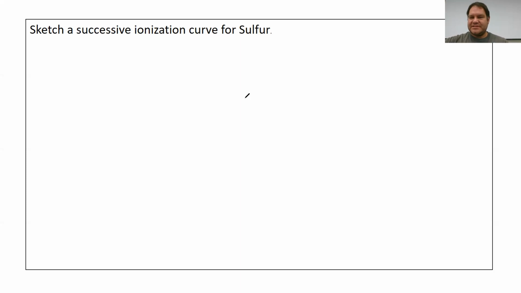All right, so let's take a look. We know that sulfur has how many electron shells, first of all? It has three electron shells. So let's draw those electron shells really quick here for sulfur. How many electrons are in the first shell? It's going to be 2, and then we have our 8 electrons here.